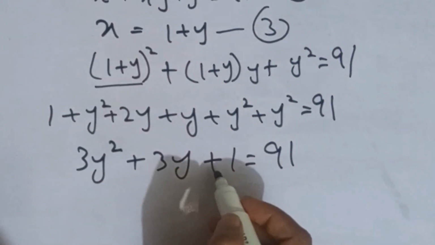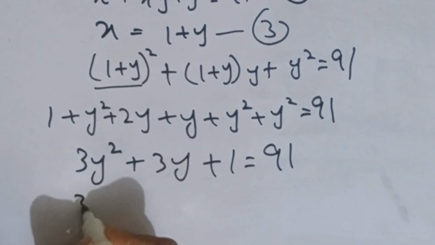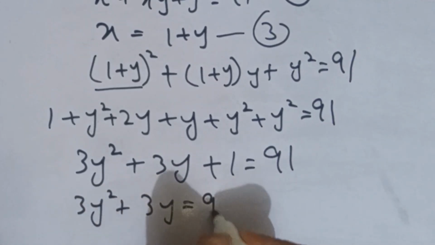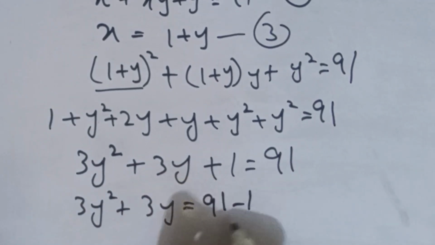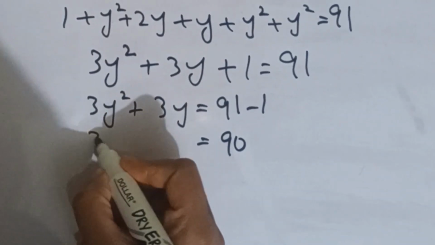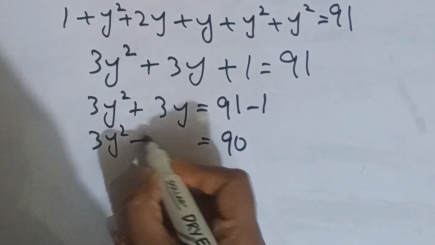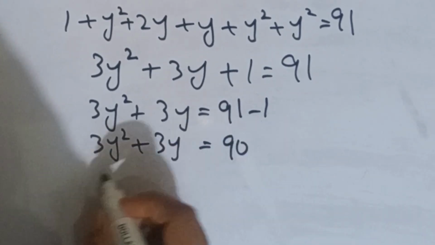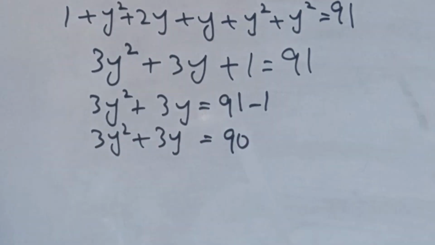Now in the next step we subtract 1 on both sides. So we have 3 times y square plus 3 times y is equal to 91 minus 1, and this is equal to 90. In the next step we divide this equation by 3 on both sides.